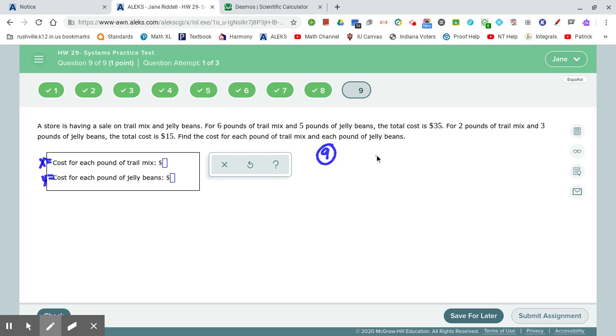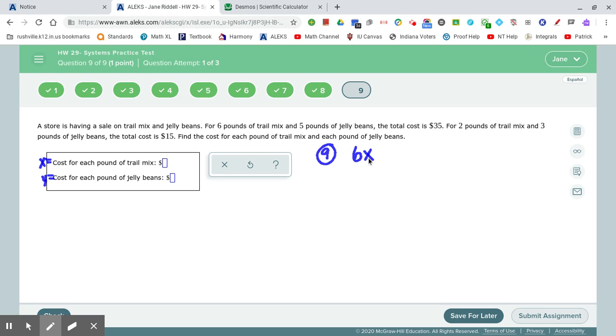And now I need to come up with two equations. So it says that they are having a sale. That's just background information. That's not really telling us anything we need for the equations. But this one says for 6 pounds of trail mix. So if you were to go to a store and buy 6 pounds, it will tell you the price per pound. We don't know what that price is, but we have a variable representing it.